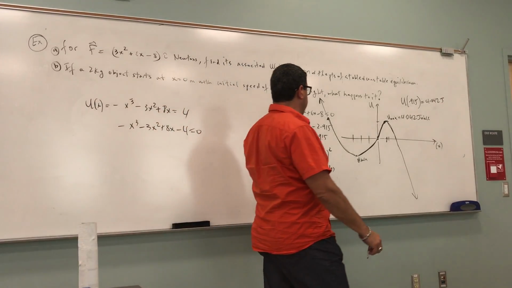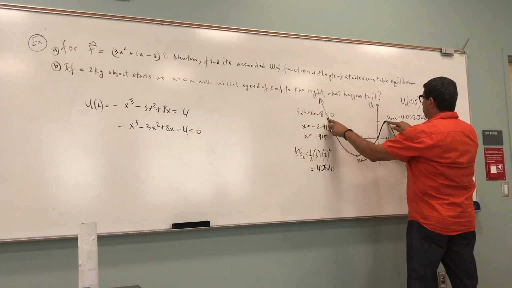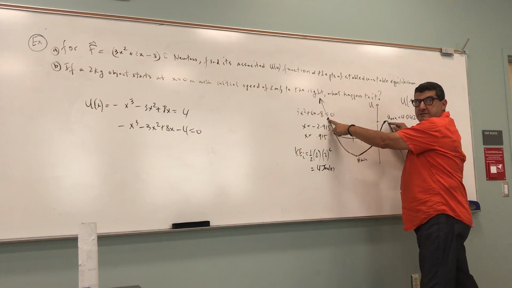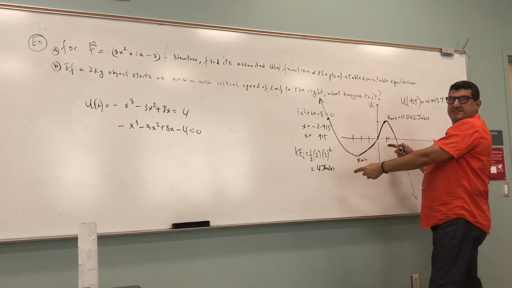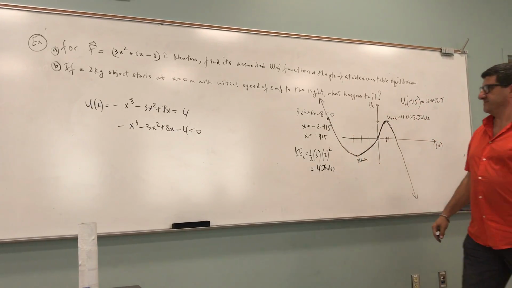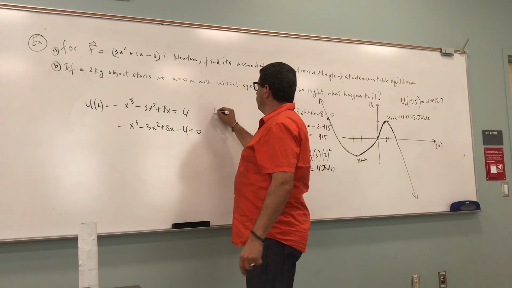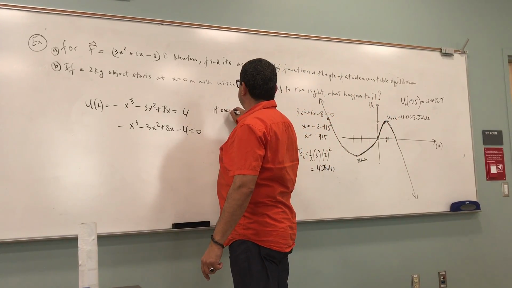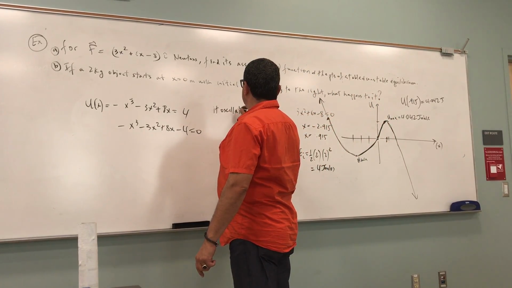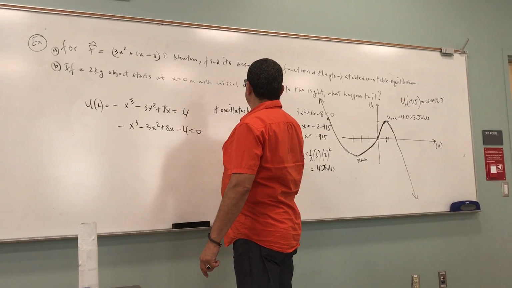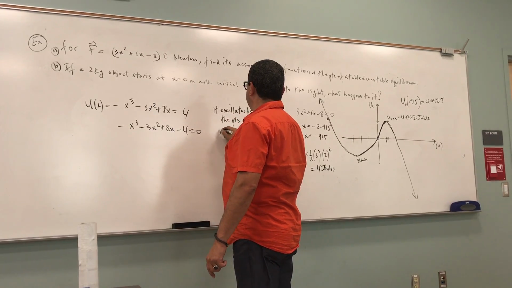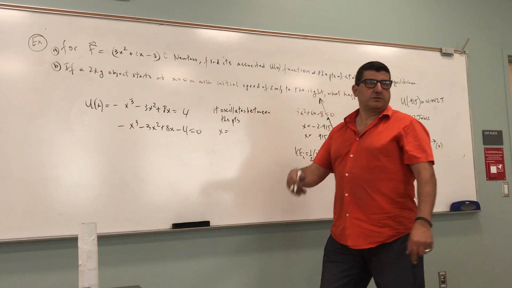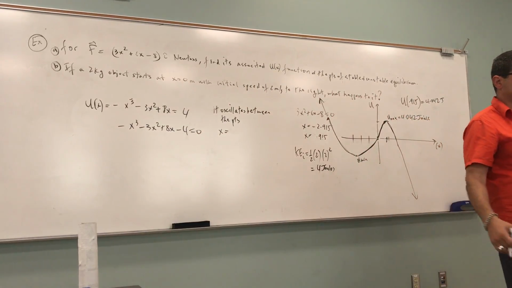And you're probably going to get 3 answers, here, here, and here, right? But then you give these 2 answers. So you say it oscillates between the points x equals something and something.